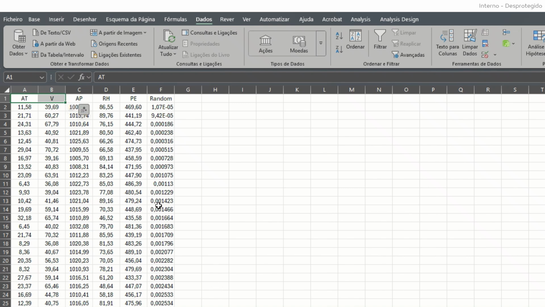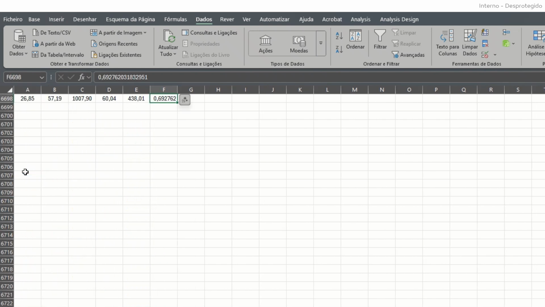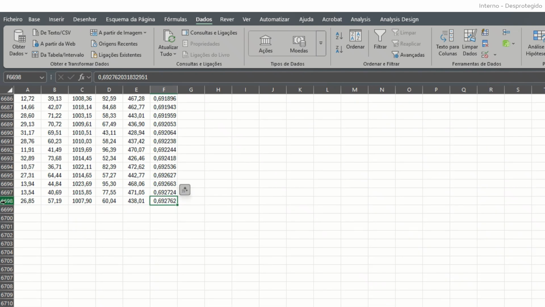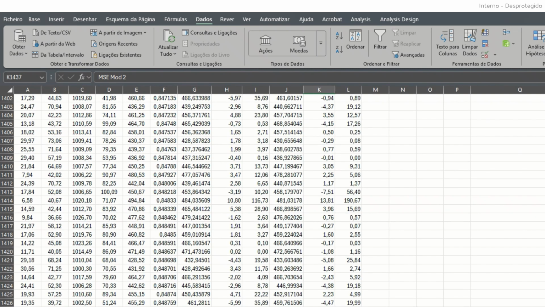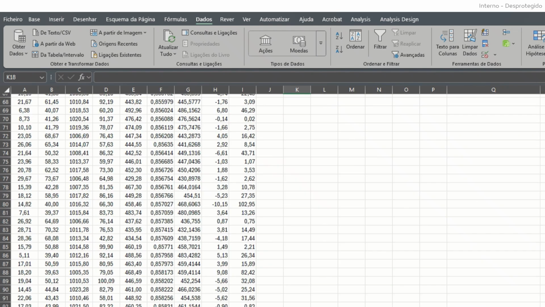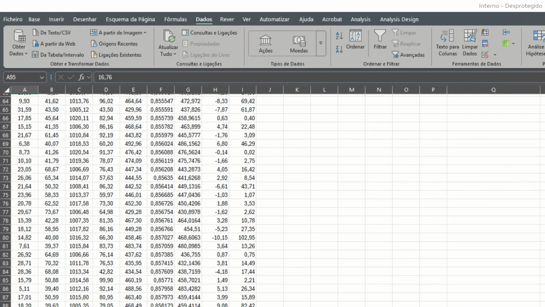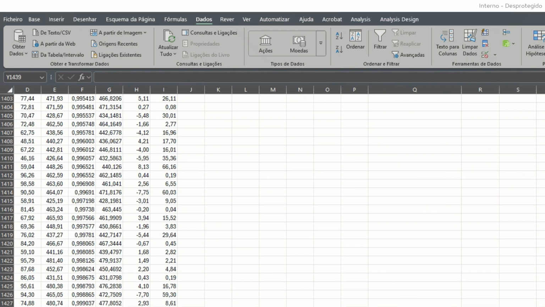To train the model, I used 70% of the dataset, so 6,698 lines. To validate the model, 15%, and to test, the other 15%.